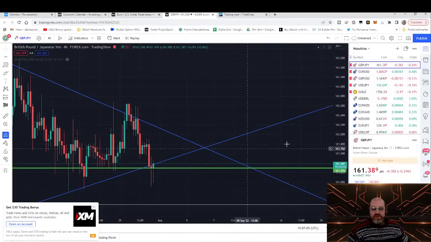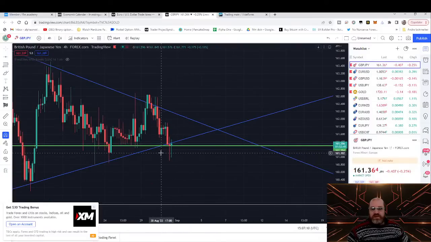We will take GBPJPY. You can see here what happened. We had a fake out, but it's what I told everyone about. For the bottom area here, we are only going to take a short trade if we close below the green line.